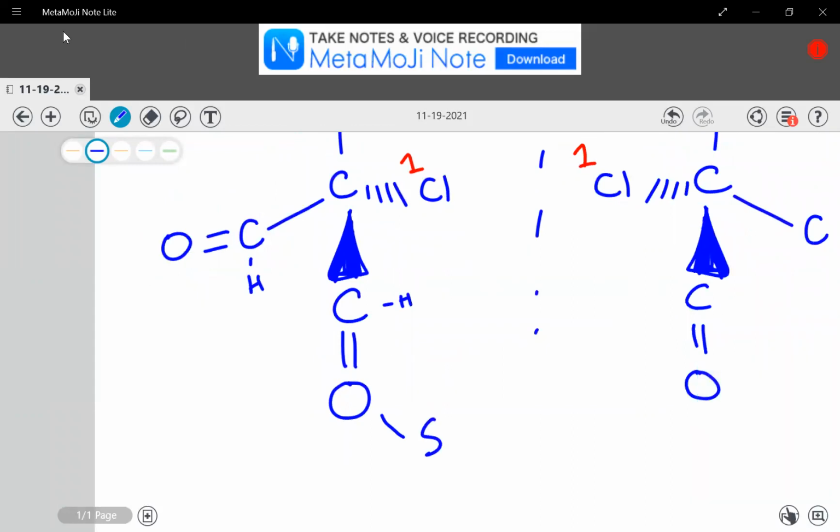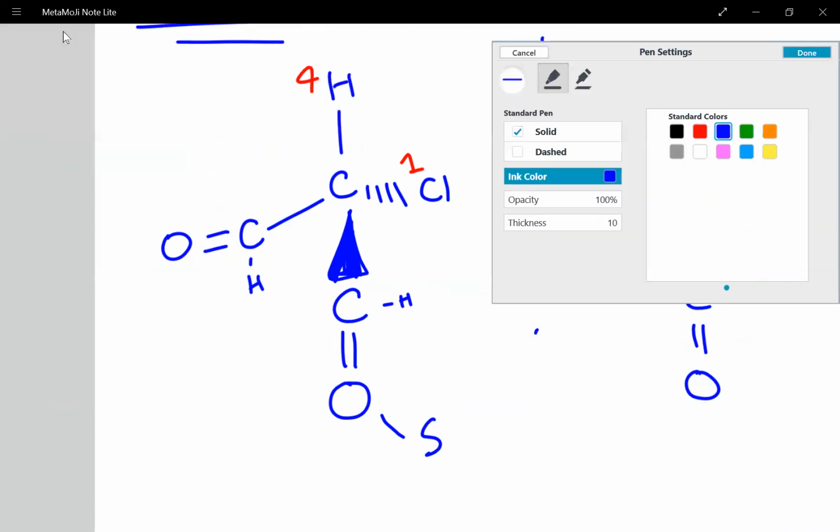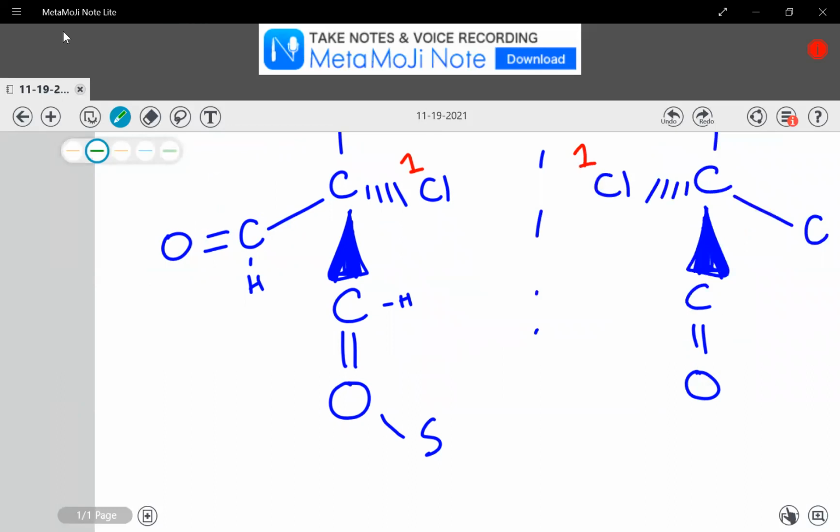Well, same idea. Instead of stopping at this carbon, you go on to the next one and look at the oxygen. What else is the oxygen attached to? Well, it's attached to a lone pair, probably. Sulfur weighs more than a lone pair. So this would still be the 3rd one.